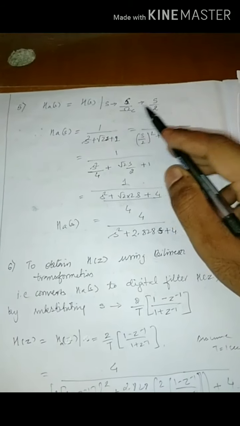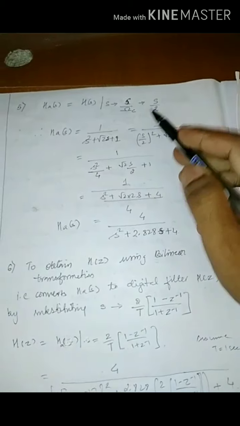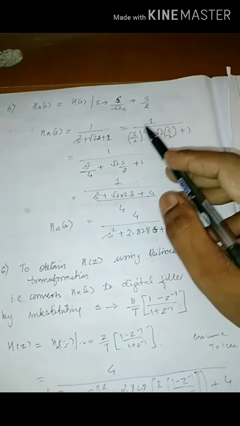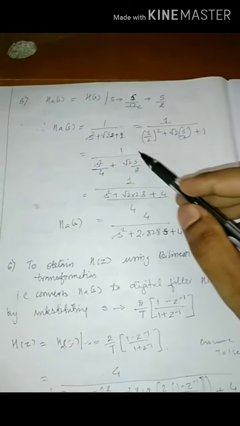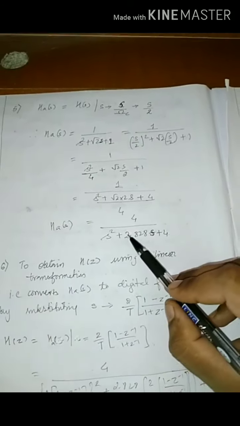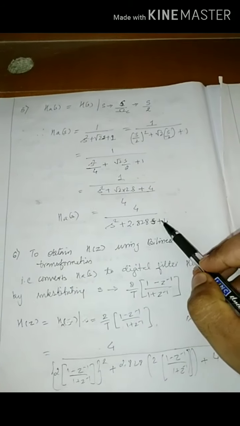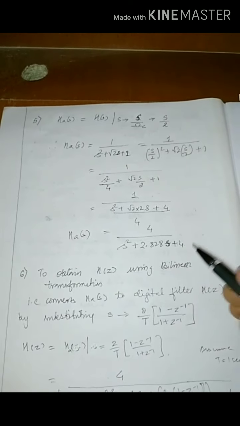So the value of omega c is 2. So 1 divided by s by 2 the whole square plus root 2 s by 2 plus 1. Simplify this and you get the expression as 4 divided by s square plus 2.828 s plus 4. Now this is the analog low pass Butterworth transfer function.